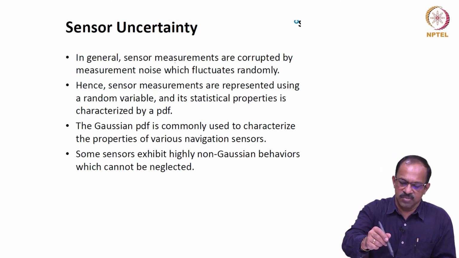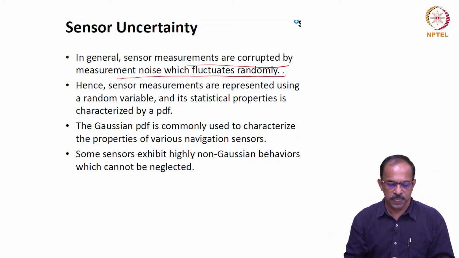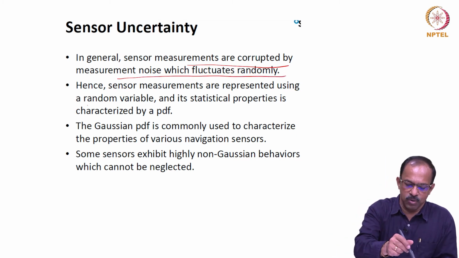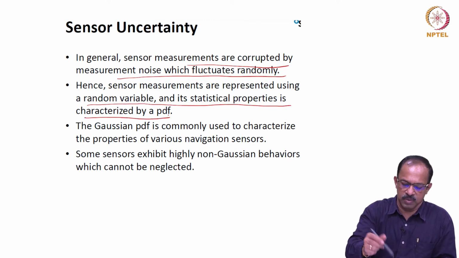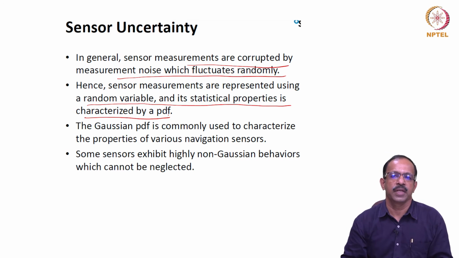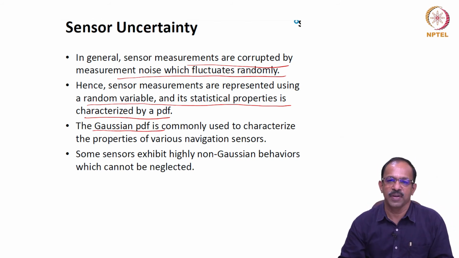As I mentioned, the sensor measurements are corrupted by measurement noise, which fluctuates randomly, and we have to represent it using a random variable, with statistical properties characterized by the PDF, that is the probability density function. Normally we go for the Gaussian PDF, which can be presented as a Gaussian distribution with a mean value and a standard deviation.